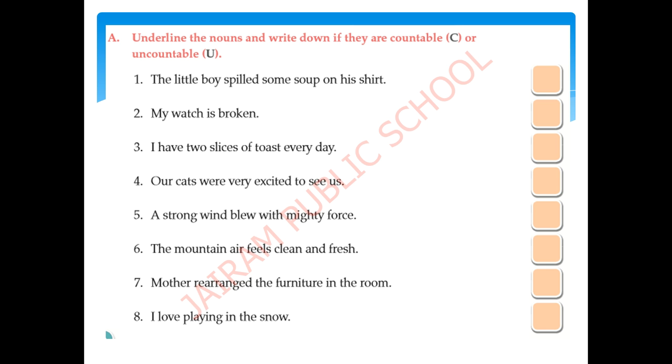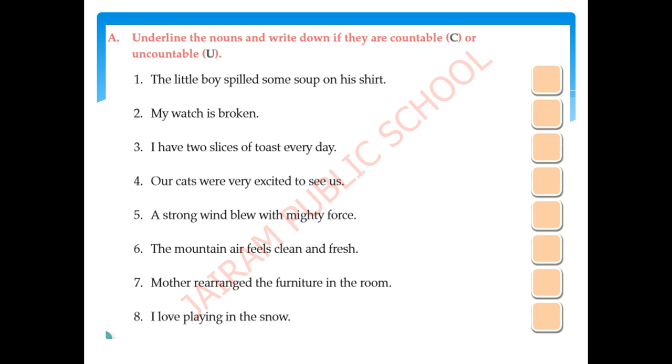If it is uncountable, you can write U in the empty box. So here the noun you have to underline is boy. The little boy spilled some soup on his shirt.